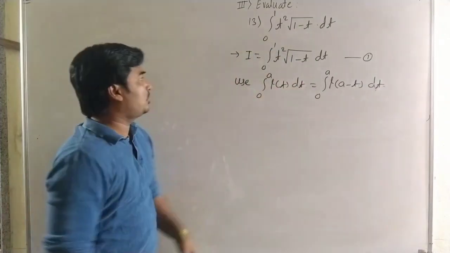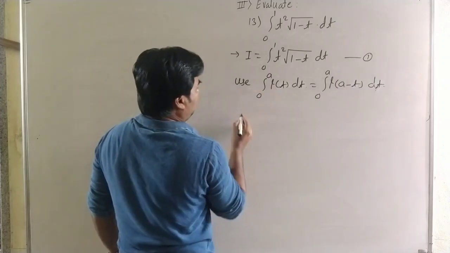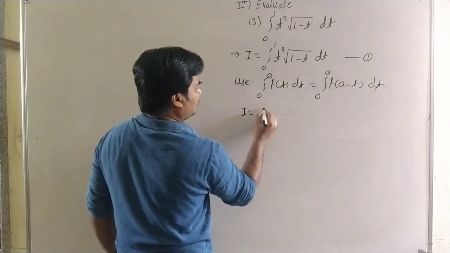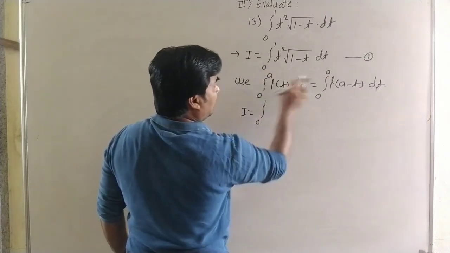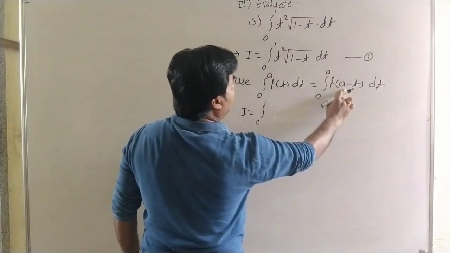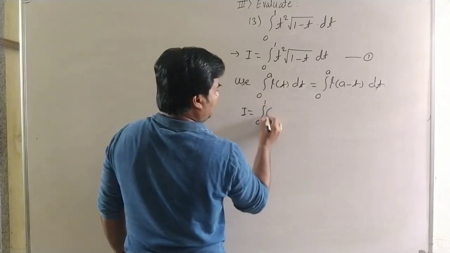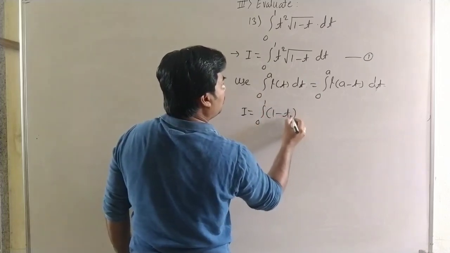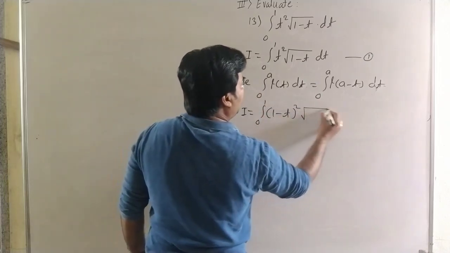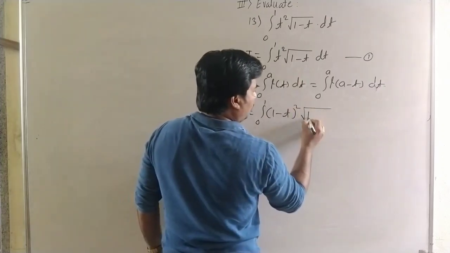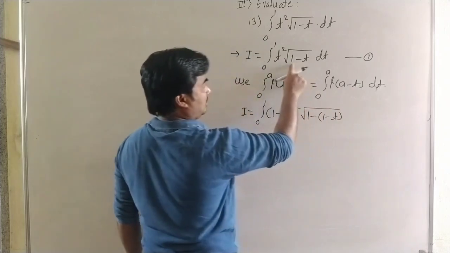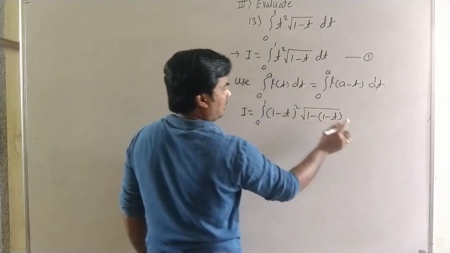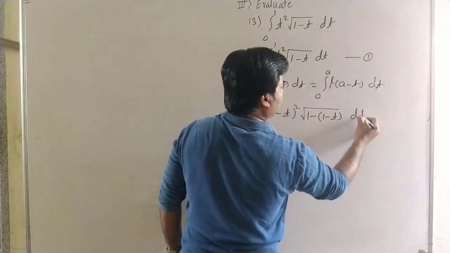Now we use this property, and after using the property we get the integral from 0 to 1, with t replaced by a minus t. Here a is 1, therefore it is (1 minus t) whole squared times the square root of 1 minus t. See carefully this, t replaced by 1 minus t, and dt.